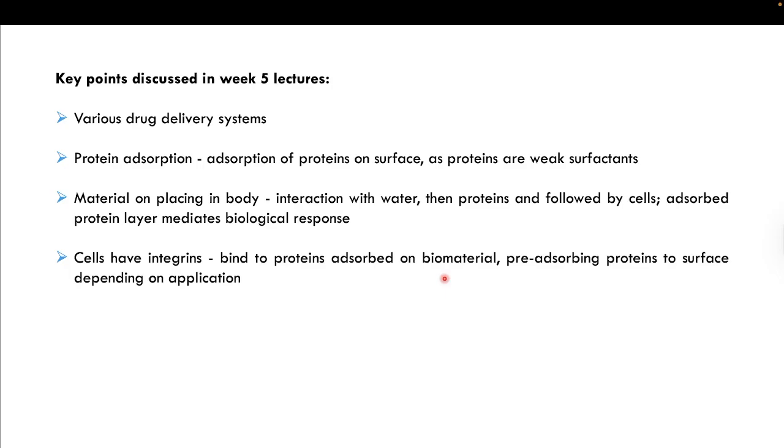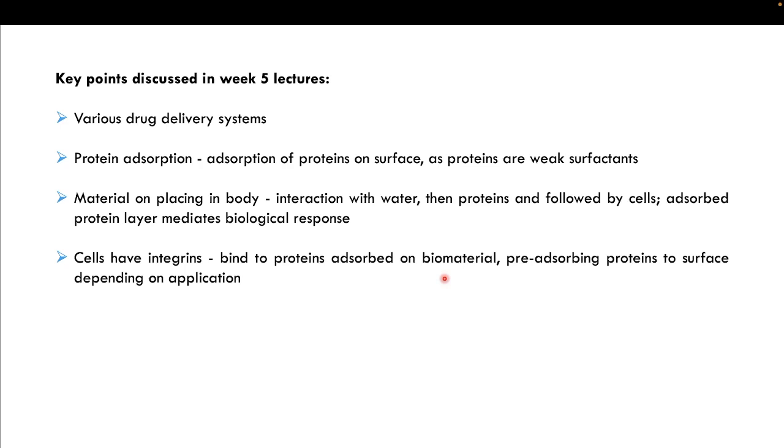So in that case, there are some proteins which allow cell attachment. So what you can do is pre-adsorb the implant with these proteins, and then you put it in the patient's body. Because of the protein layer that is already present on this implant, a lot of cells will start attaching themselves to it.